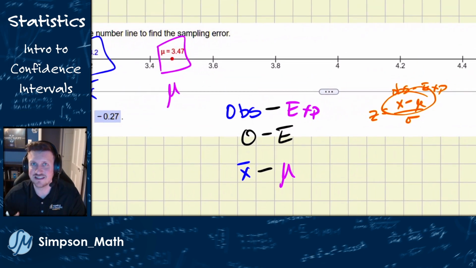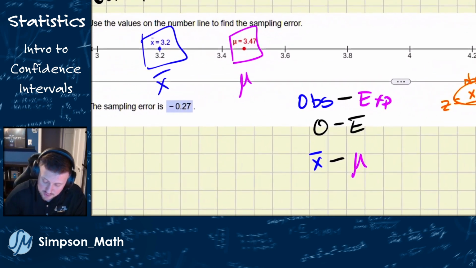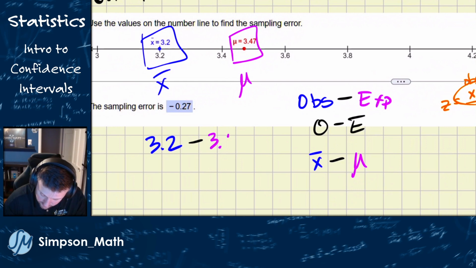And at the end of the day, guys, this is what stats is about. This is what I observed. This is what I expected. They're not the same. Is that weird? So if you follow that process, observed minus expected, notice we did get a negative number because when I do 3.2 minus 3.47, I do get a negative 0.27.